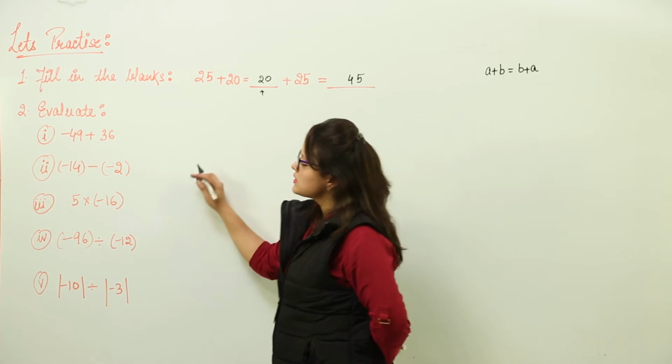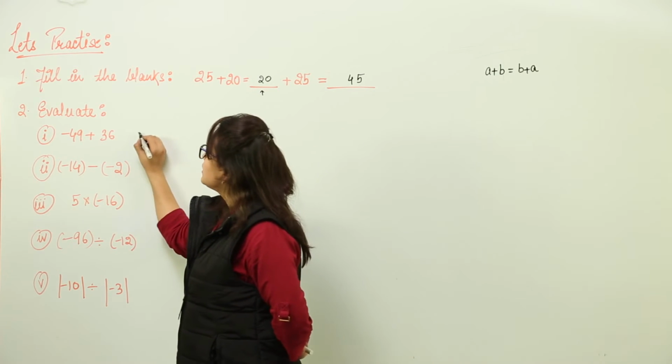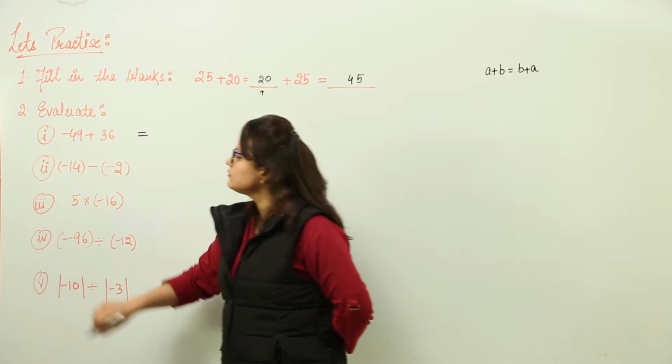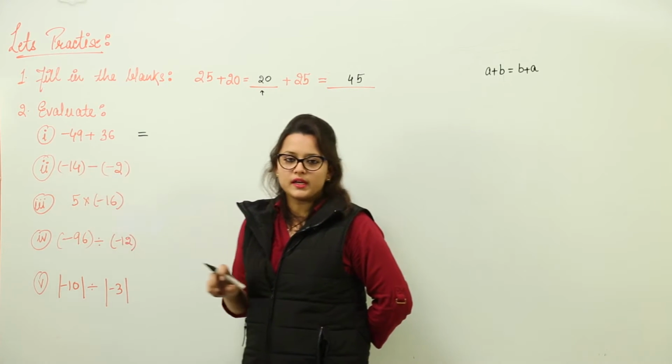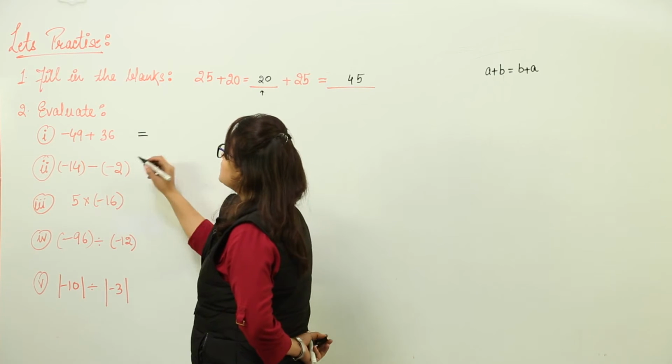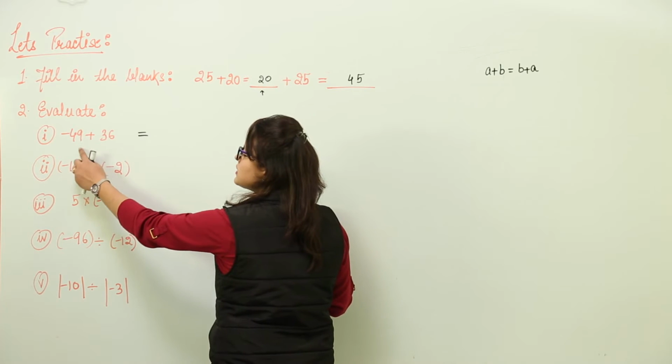Now the second question is asking us to evaluate these. Let us start them step by step. The first one is saying you have to add 36 to minus 49. So we'll simply do the addition. But how is the addition done in this case?